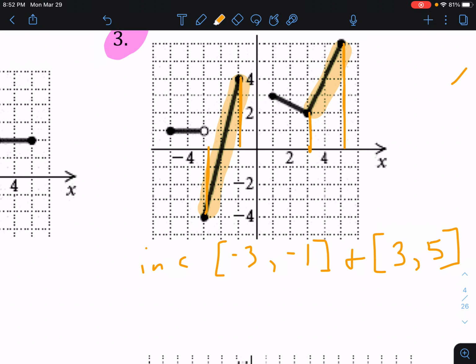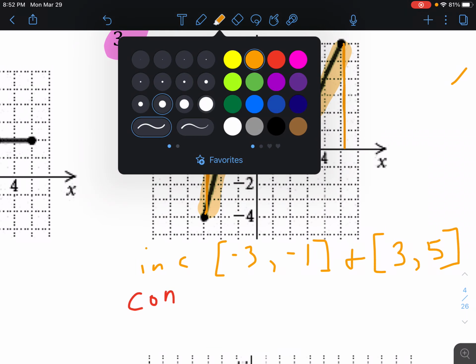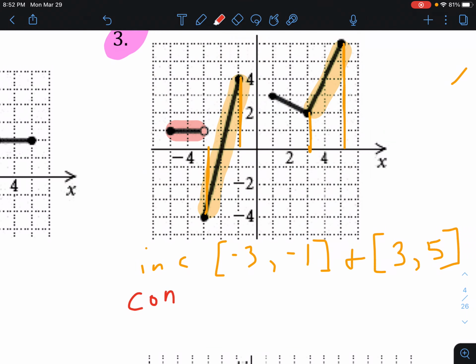All right, I do have a constant in the beginning, so constant, that flat part horizontal right here. Now that guy has an open circle, so closed circle at -5, so bracket -5, but then open circle at -3. So the -3 does not get a bracket, it gets a parentheses. Means it is not included.